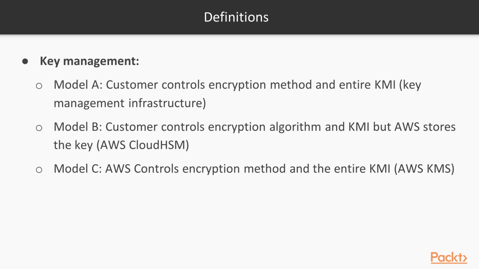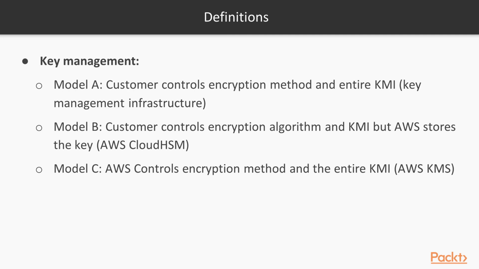From the key management standpoint, we can see three different models. Let's call the first one model A, where the customer controls the encryption method and the entire key management infrastructure. This is, for example, when you want to use your own application with client-side encryption.